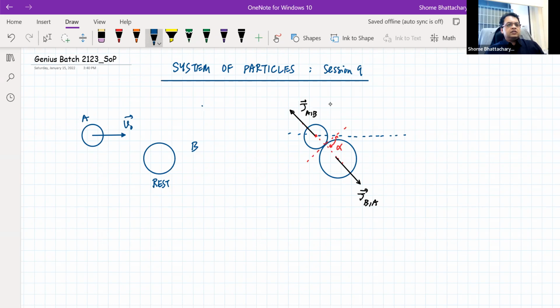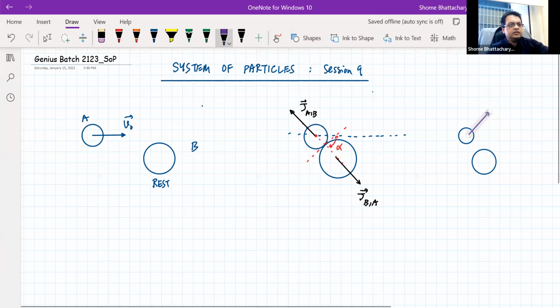Once this collision is over, the first body will go off with a final velocity at some angle to the line of impact, or we can even treat it as some angle with respect to the initial velocity vector.